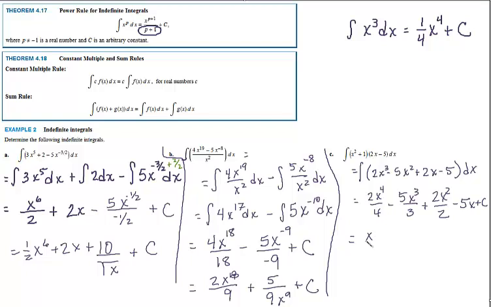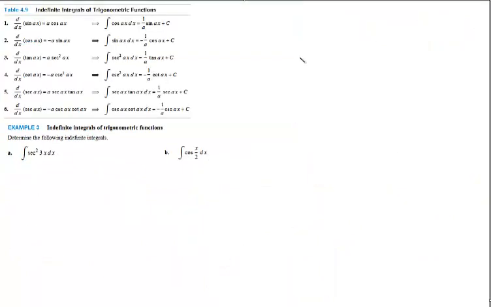Simplifying that, x to the 4th over 2 minus 5x cubed over 3 plus x squared minus 5x plus c. And we're moving right along, going backwards.